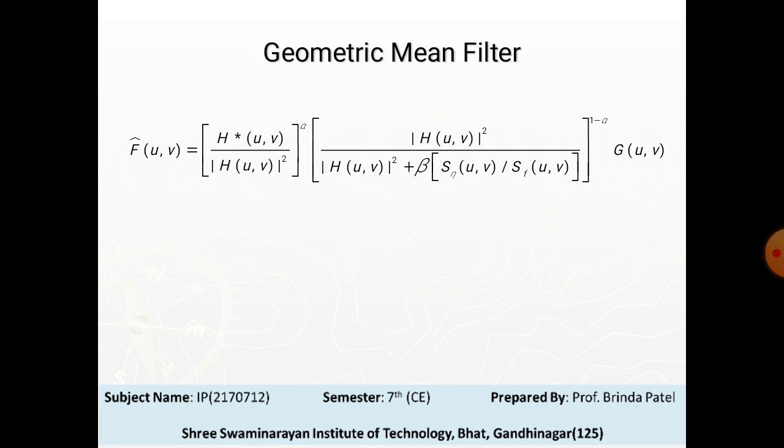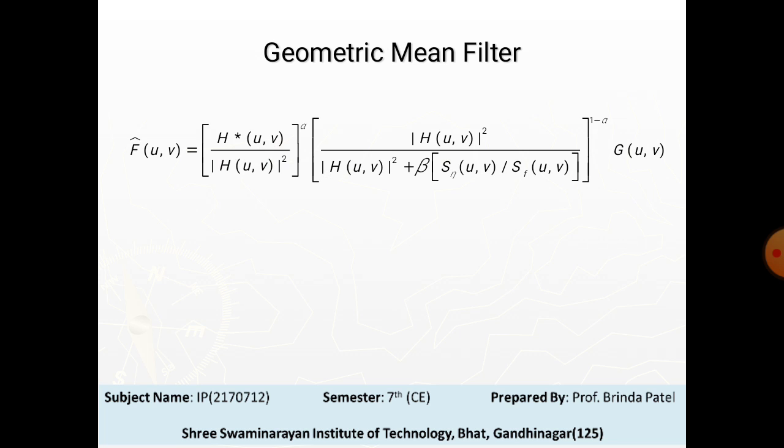Here we can see one equation. This is the geometric mean filter. It is possible to generalize slightly the Wiener filter.